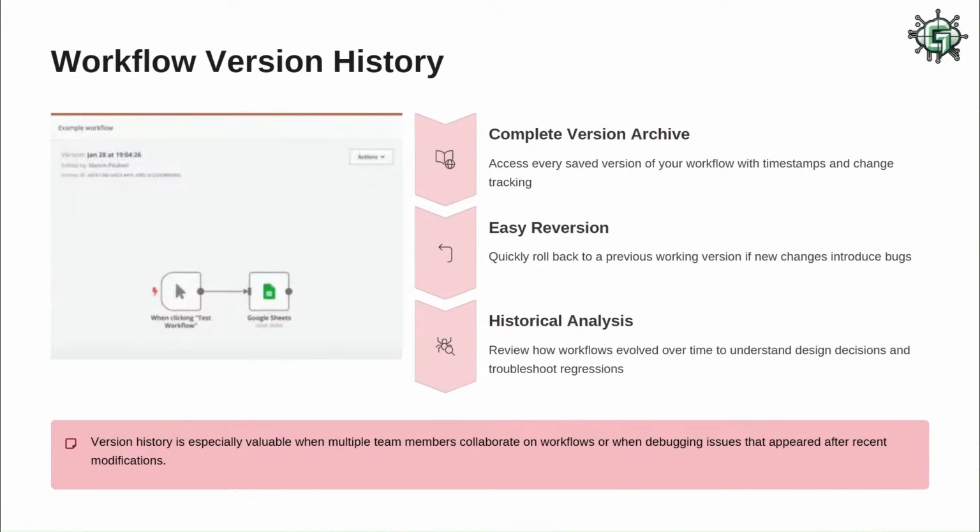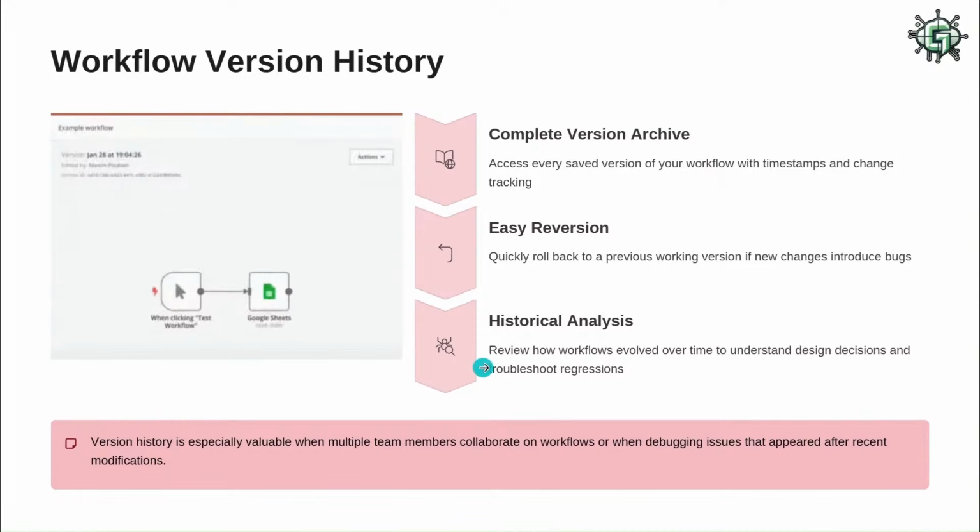Next is analyzing history to see how the workflow evolved. This is historical analysis. Review how workflows evolved over time to understand design decisions and troubleshoot regressions. We can troubleshoot existing things and control the version.